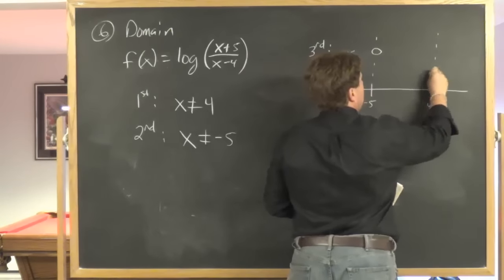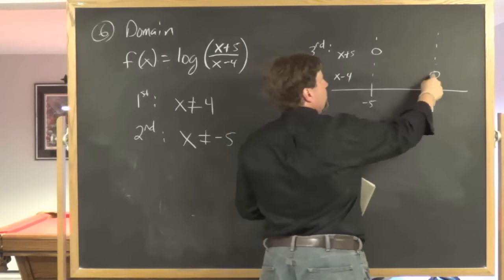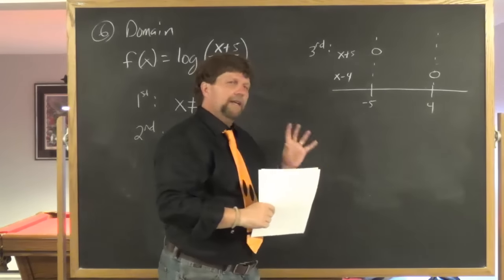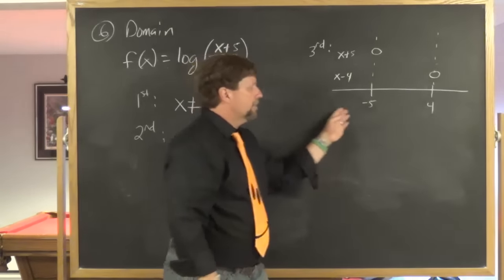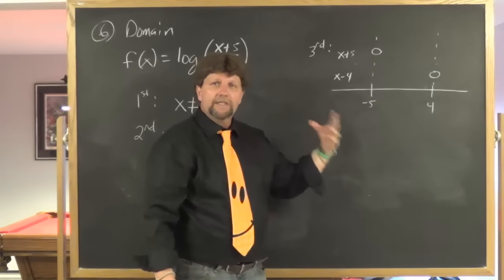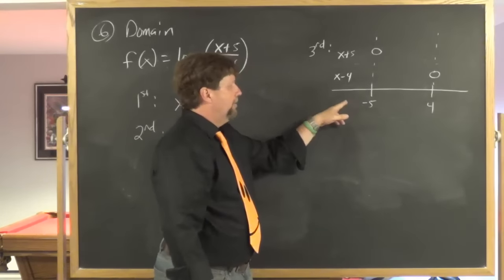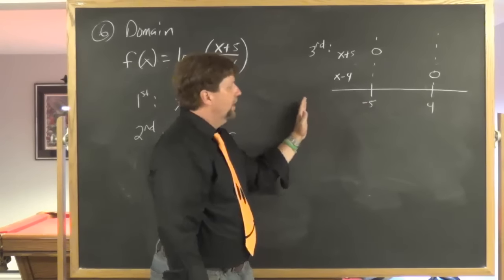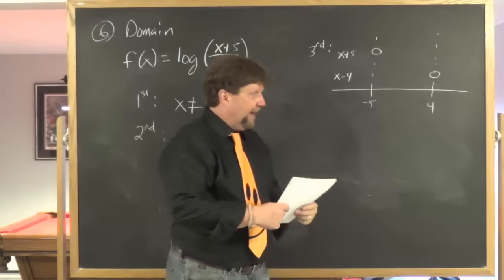And I put a 0 here, because x minus 4 is 0 at 4. And then remember what we did is we picked numbers in each of these 3 intervals and tested them. So for example, I would pick negative 6. I know negative 6 is definitely in the interval negative infinity to negative 5.